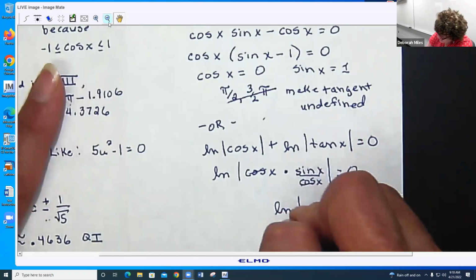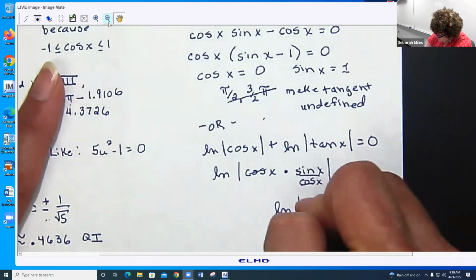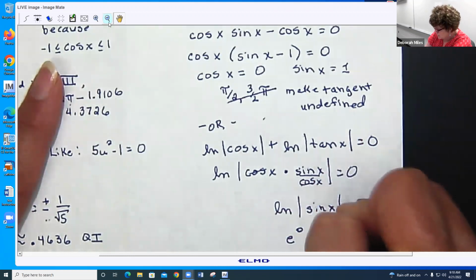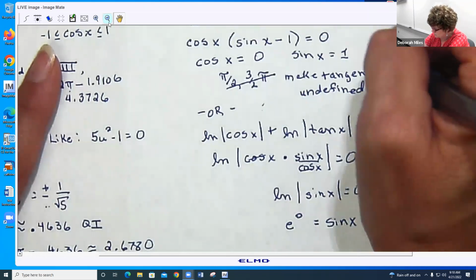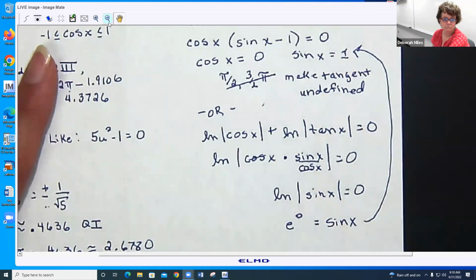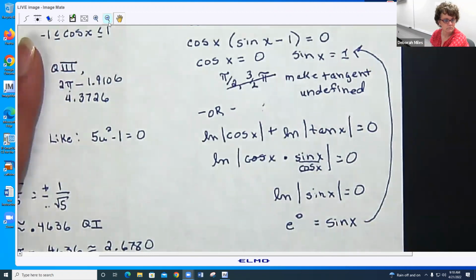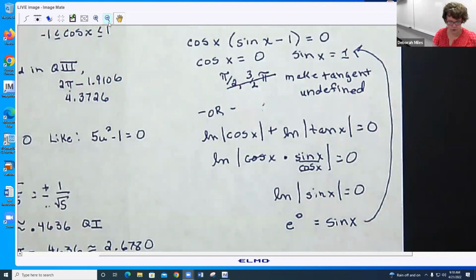The base is e, the exponent 0, and e to the 0 would have to be sine x. And guess what that's the same as? Either way, you'd get answers you can't use. All right, that was number 3.